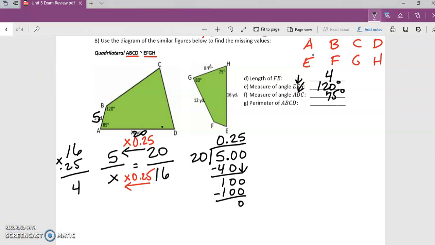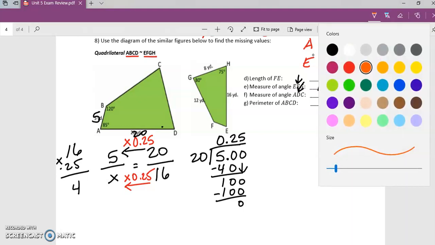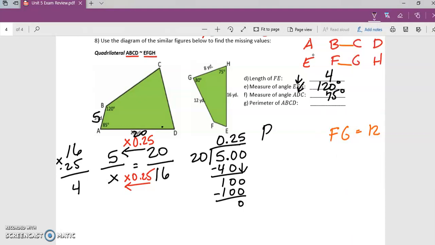So I'm looking for BC. If I'm going from B to C, that means I need to go from F to G. So from F to G, it's equal to 12. And so going from B to C, I have to say, okay, what's the scale factor that I'm using? The scale factor is whatever the small side is.